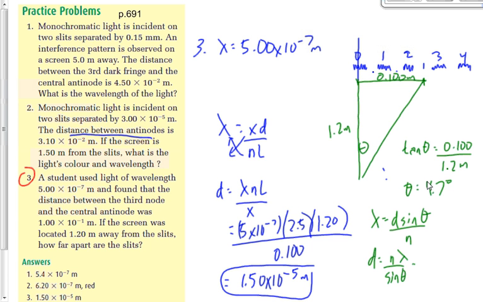So n would be 2.5 times 5 times 10 to the minus 7 over sine 4.7 degrees. What do you get for d there? It's going to be around 1.5 times 10 to the minus 5, maybe slightly different. We get 1.51 times 10 to the minus 5 meters.